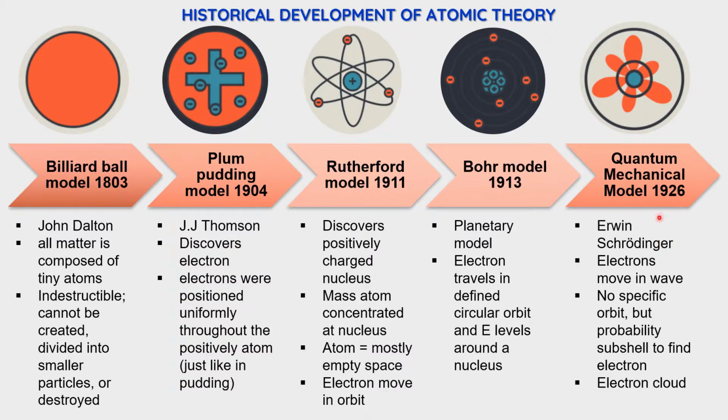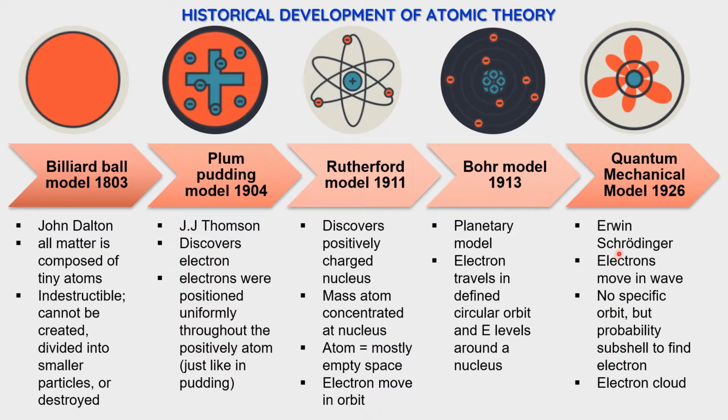In 1926, Erwin Schrödinger came out with a new theory known as the quantum mechanical model. In this model, he improved on what had been done by Bohr. According to this model, he proposed that electrons move in waves, not in a specific orbit like what Bohr proposed in his earlier theory. So Schrödinger states that there is no specific orbit in an atom, but there is a probability subshell, or place, to find the electron in an atom.